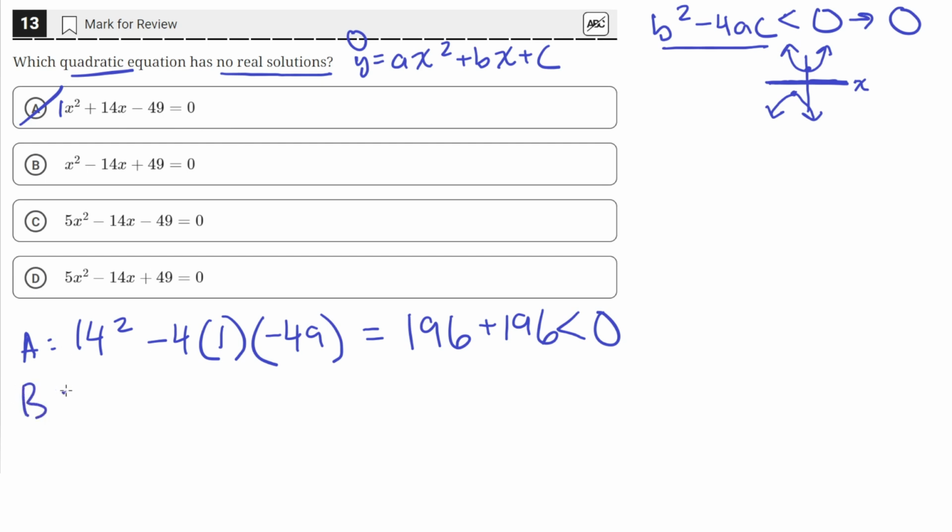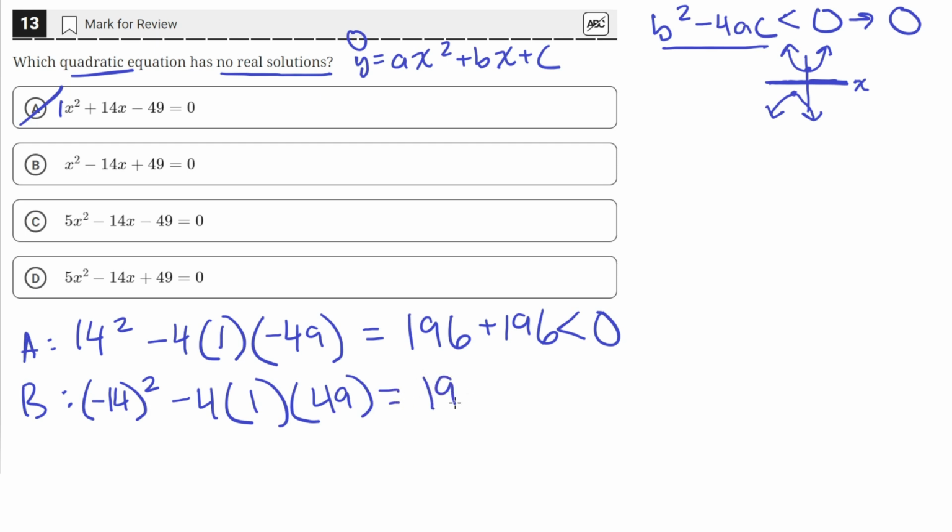Okay, then let's look at B. For answer choice B, b is also 14, but this time it's negative. But since we're squaring it, that doesn't matter. And then 4 times ac will be 4 times a, which is 1, and c, which is 49.